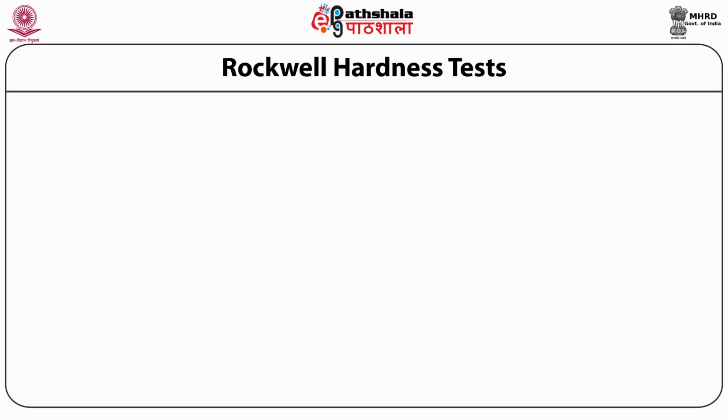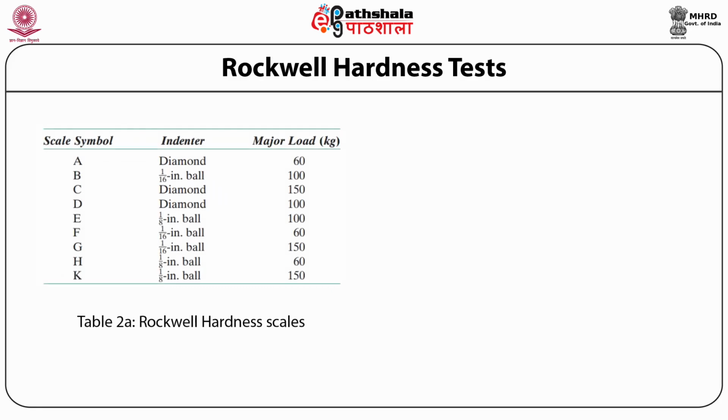Table A and Table B. Table A represents the Rockwell hardness scales, while Table B represents the superficial Rockwell hardness scales. In Table A, the Rockwell hardness scales, we can see the scale symbols A, B, C, D, E, F, G, H and K, and the major load varying from 60 kilograms to 150 kilograms.